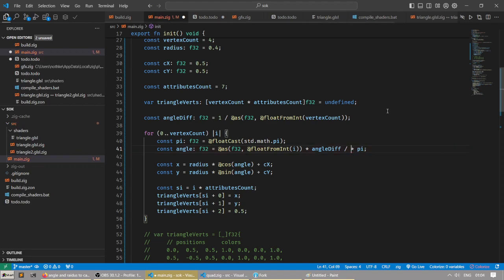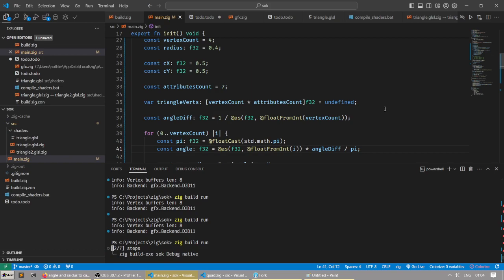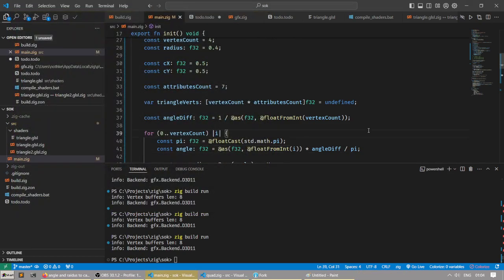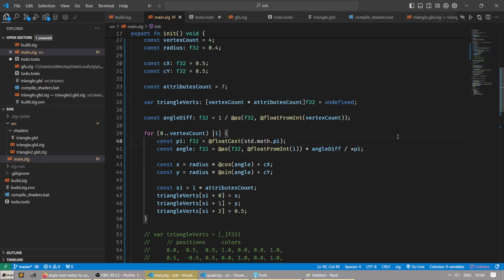Okay, let's not divide by 2. Should it be multiplied by pi and not divided? I don't think so. Yeah, there's something very wrong there. What if I multiply by pi?